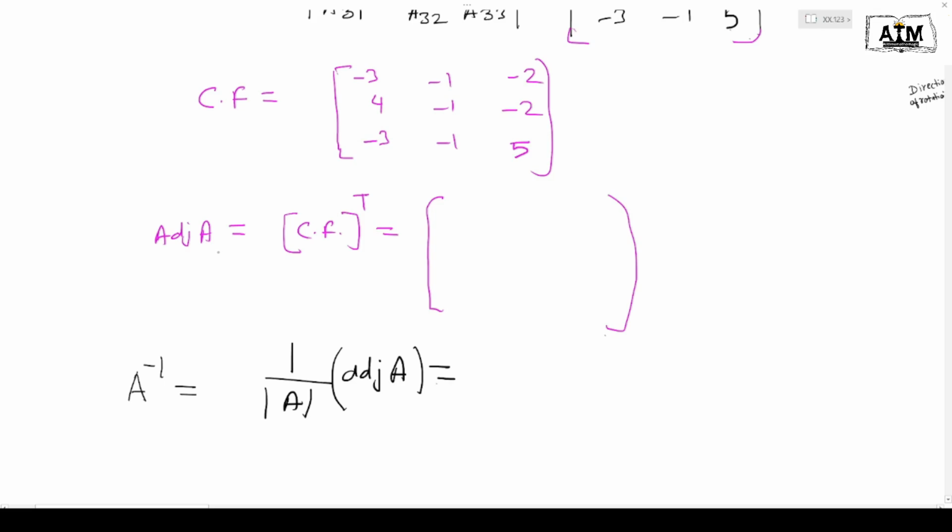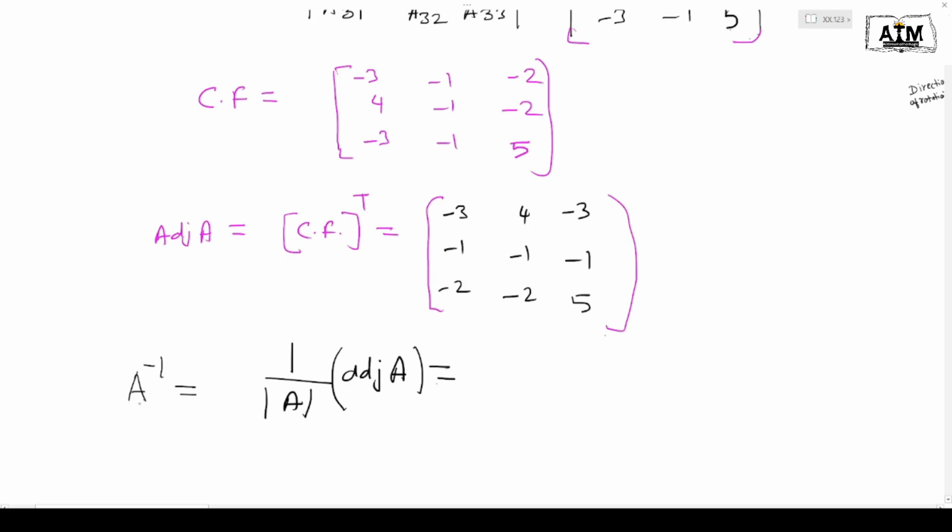After that, to find the adjoint of this matrix, you find the transpose of the matrix. So that is [-3, 4, -3; -1, -1, -1; -2, -2, 5].